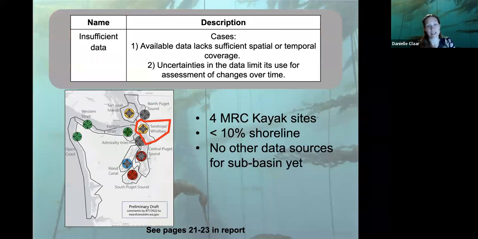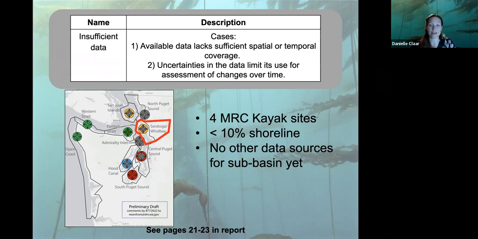Whereas insufficient data is really just, we don't have the data yet. The data lacks sufficient spatial or temporal coverage, or the uncertainties in the data limit its use for assessment of changes over time. For example, in our subbasin Saratoga-Whidbey, there are 4 MRC kayak sites, which tell us about what's happening at a few locations, but these cover less than 10% of the shoreline.